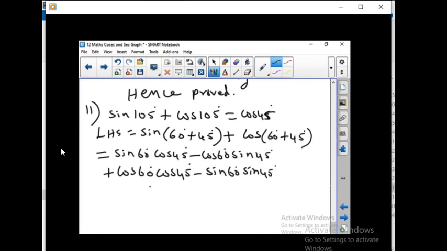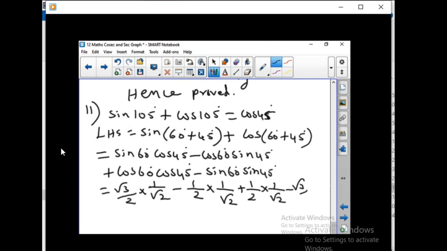So now sin 60 is root 3 by 2 into cos 45 is 1 by root 2, plus cos 60 is 1 by 2, sin 45 is 1 by root 2, plus cos 60 is 1 by 2 and cos 45 is 1 by root 2, minus sin 60 is root 3 by 2, sin 45 is 1 by root 2.